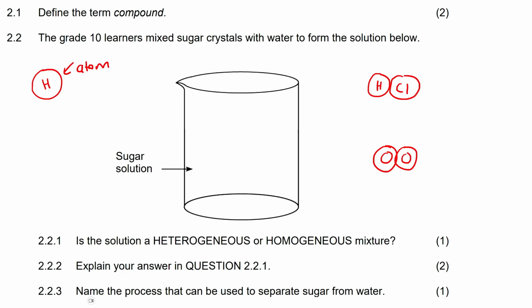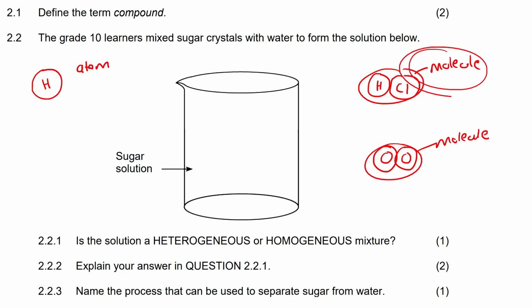Okay, now if you put 2 or more together, then we call it a molecule. That is a molecule. That is a molecule. Okay, now what is a compound? Well, a compound is like a molecule, but the atoms that you use have to be different.